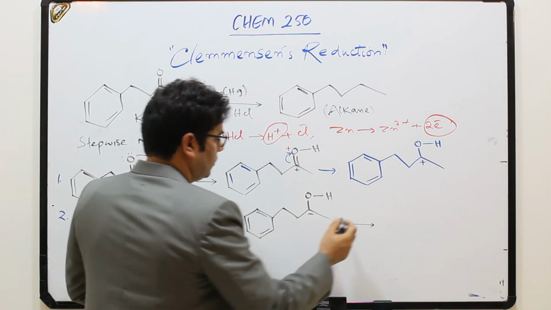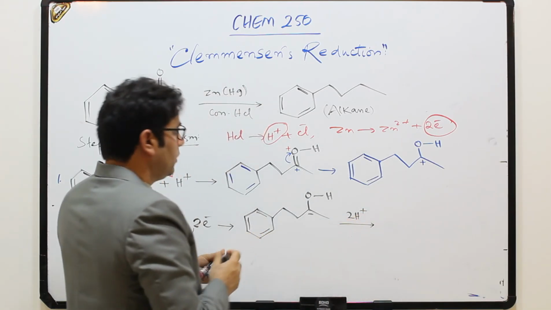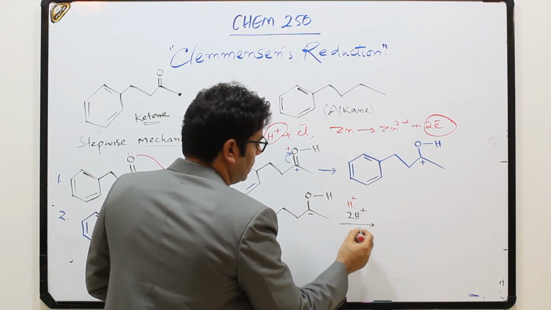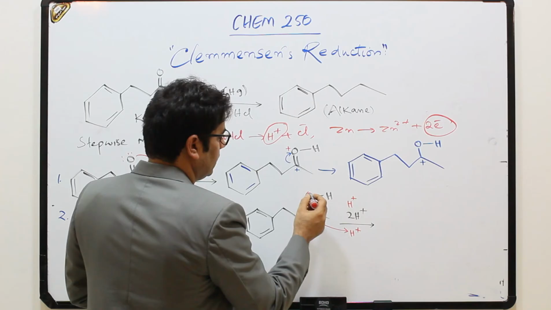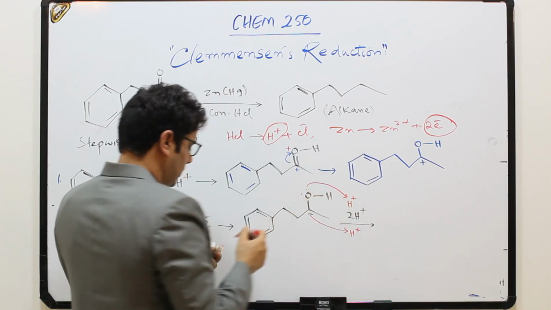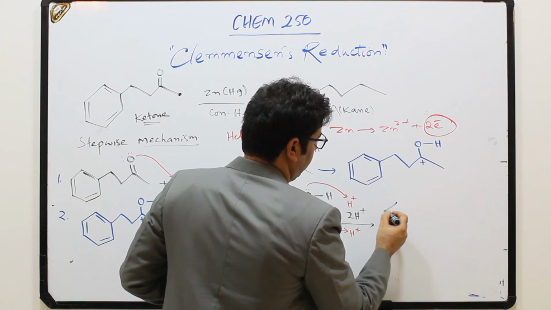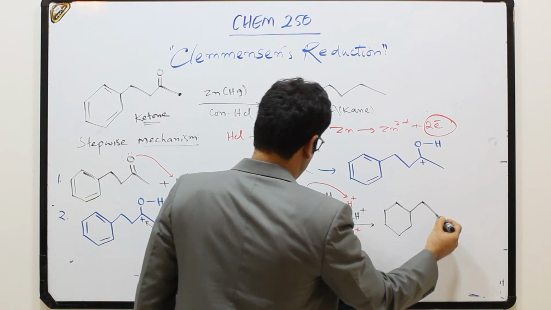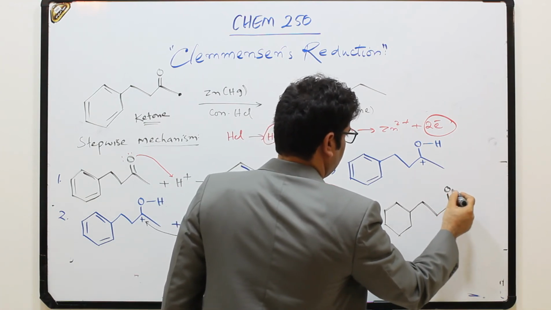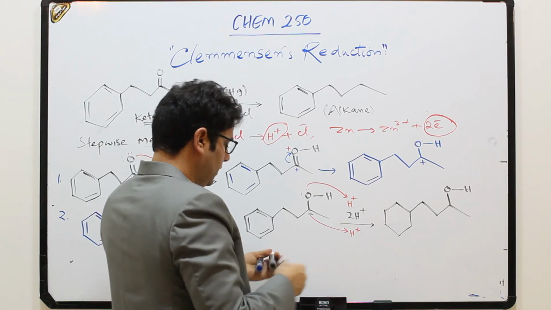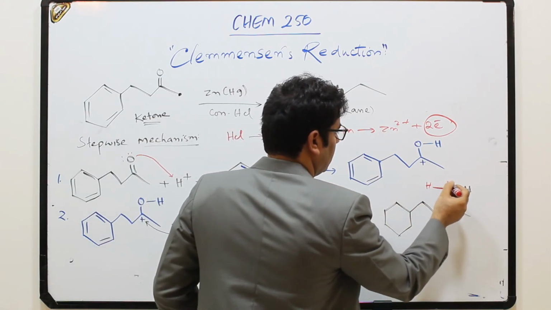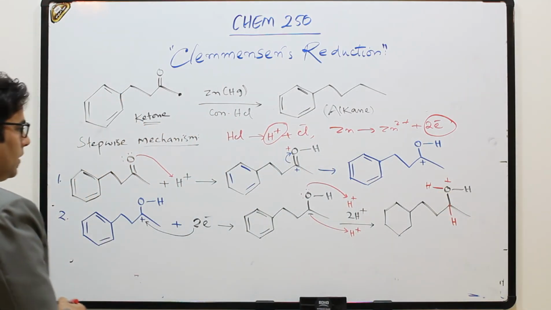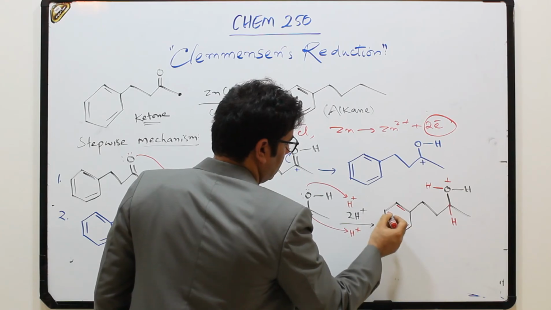After this, 2 hydrogens from this acid, 1 hydrogen up, suppose 1 hydrogen down. This carbon will attack this hydrogen, and this oxygen will attack this hydrogen. There will be hydrogen, and 1 hydrogen will come here. This carbon will get positive charge, and there will be hydrogen, and the double bond, benzene.